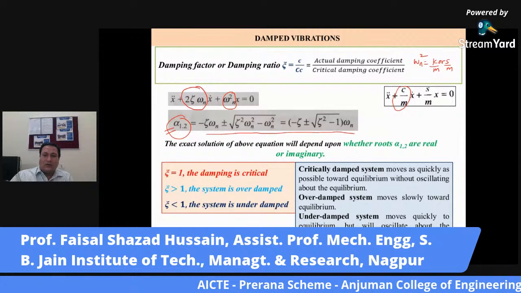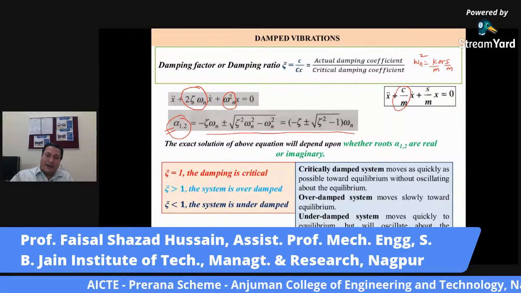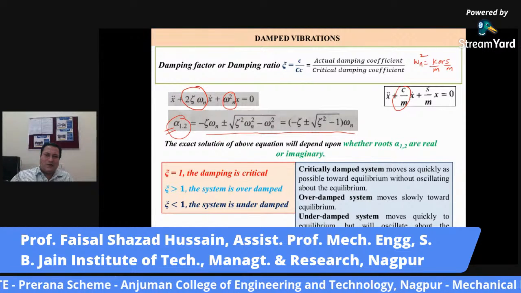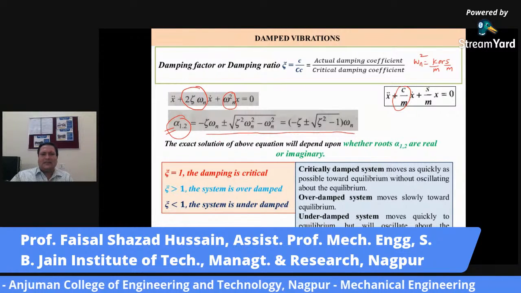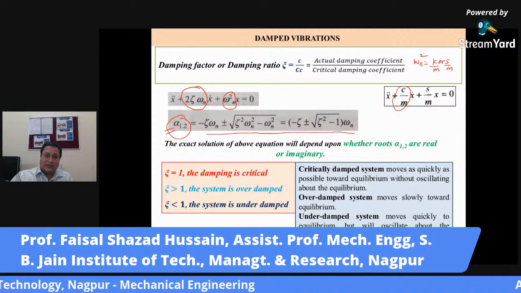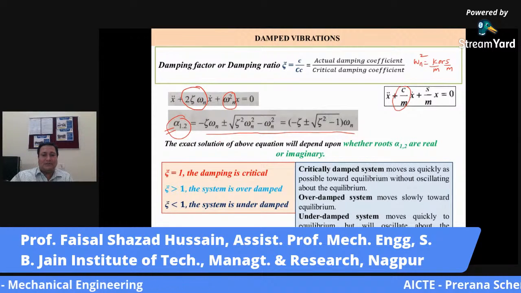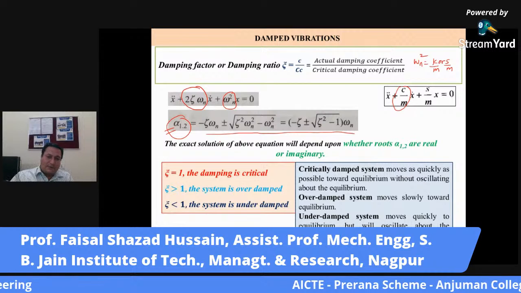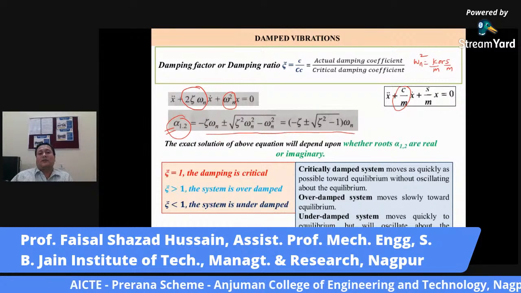Now if the condition of roots, real, imaginary, equal, is deciding the system, then the question arises: what is a critically damped system, what is an overdamped system, and what is an underdamped system.